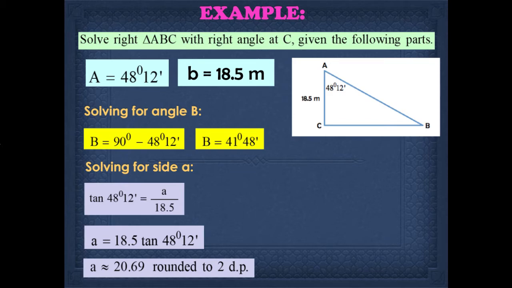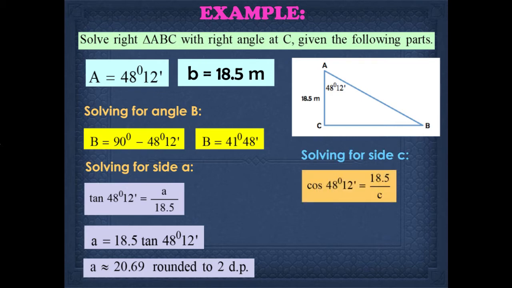Now, how do we solve for side c here? What can we use? To solve for side c, we will use cosine. So, cosine of 48 degrees 12 minutes will be equal to 18.5 over c. Remember, CAH.